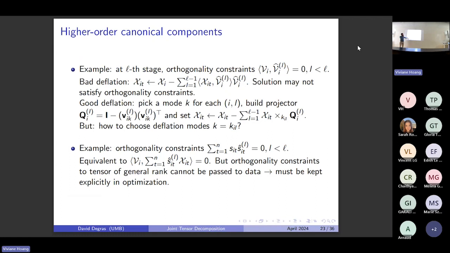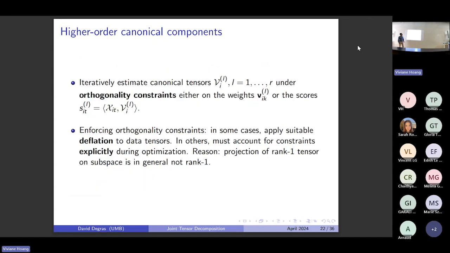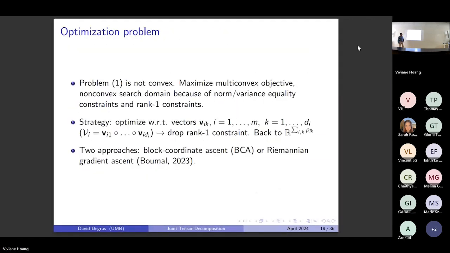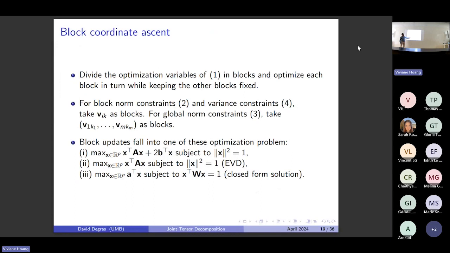So let me tell you what happens. I'm optimizing the block v_ik, the kth mode in the ith data set. I can take, as before, the tensor vector product in all dimensions but k and move it here, and then v_ik needs to be orthogonal to something. So we're back to this problem, which is just the correlation.